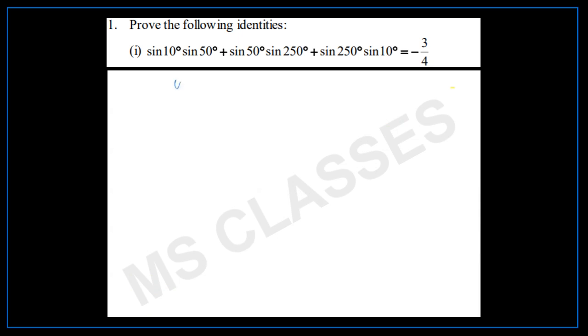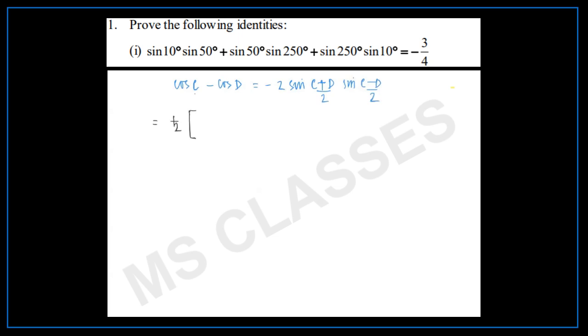Cos C minus cos D equals minus 2 sin((C plus D)/2) sin((C minus D)/2). Now we'll apply this concept. So half outside, cos 40 minus cos 20.